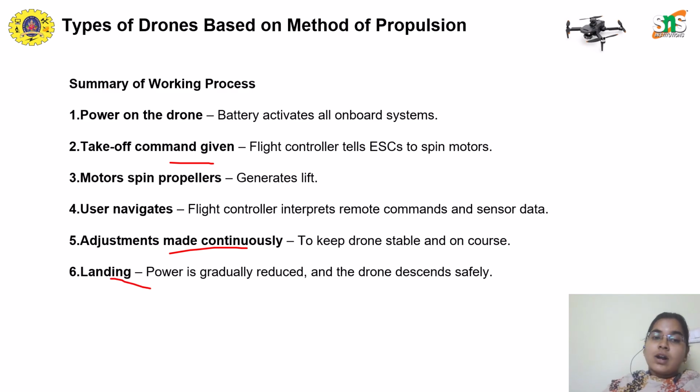Then landing: power is gradually reduced and the drone descends safely. Because there may be a chance of a sudden fall, we should be careful on landing and have a backup plan in case the propellers or motors fail.